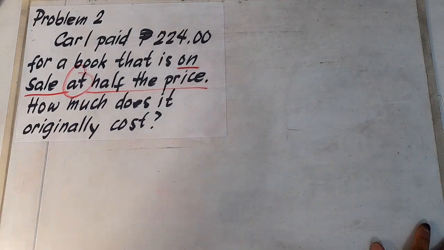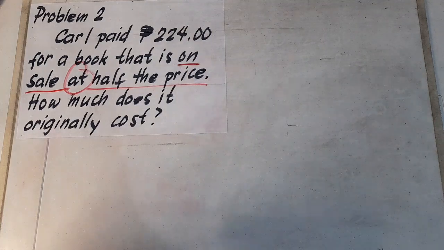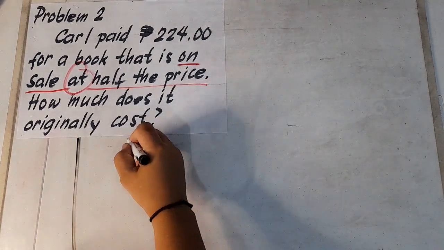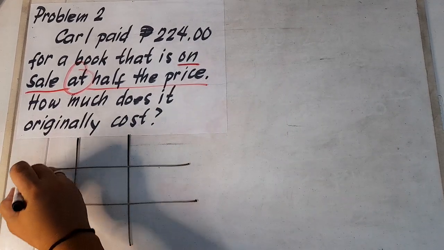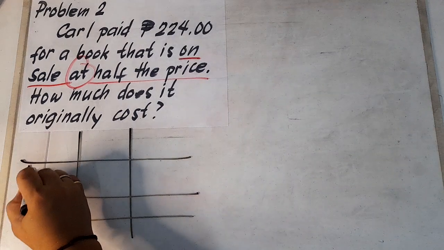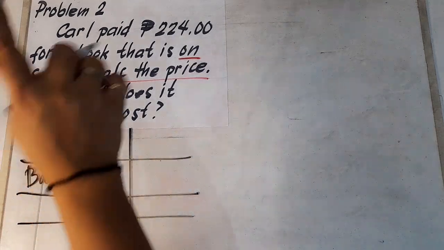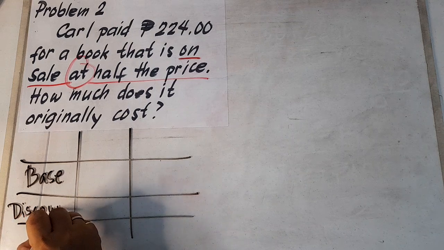Okay? Now, let's have now the table for problem number 2. So, kagaya ng kanina, we prepare our table like this. So, taas lang natin. We have here the base. And since this is a discount problem, pwede na rin natin ilagay dyan, discount.